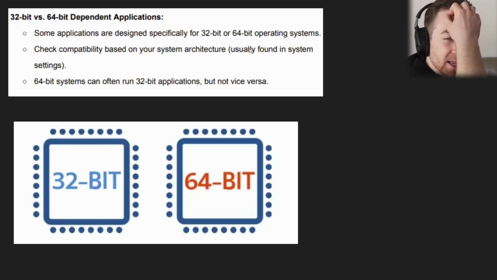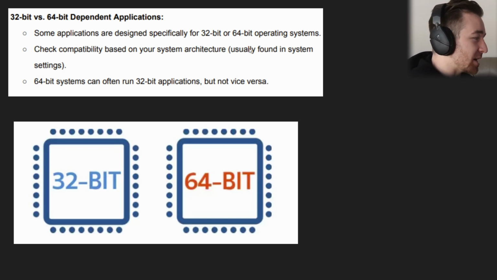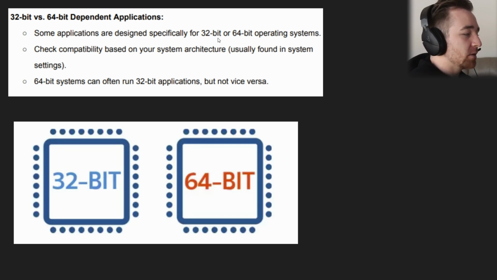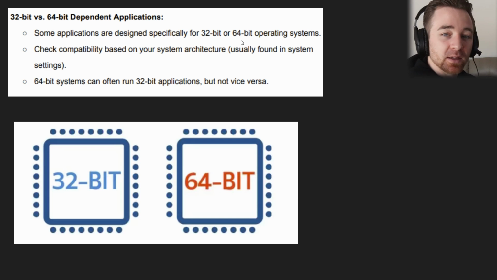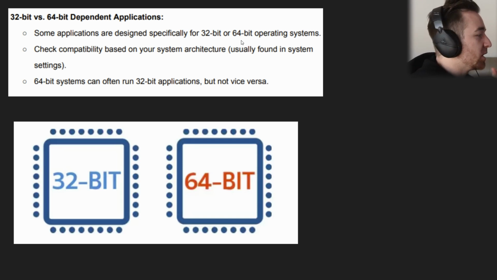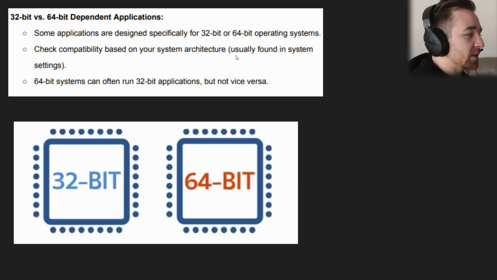So it's kind of confusing that way, but that's just how it is. 32-bit being the lesser capable of the two, 64-bit being the more capable of the two. So make sure you check compatibility based on your system architecture. If you have a 32-bit system architecture, don't try to run a 64-bit application on that. It's not going to work.